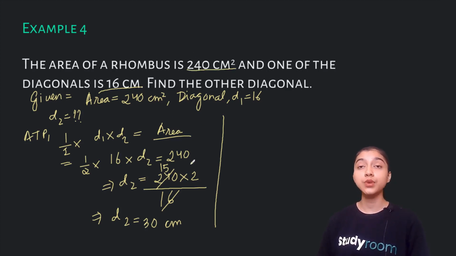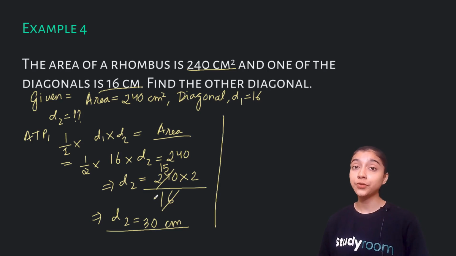So I wrote 240. Now in order to calculate D2, we have to take 16 and 2 towards the right hand side. So I took 16 in the right hand side, so it came to the denominator and 2 came to the numerator. Now when I cancel up 16 with 240, it gives me 15. 15 multiplied with 2 gives me 30. So I can say that the other diagonal of this rhombus will be 30 centimeters.